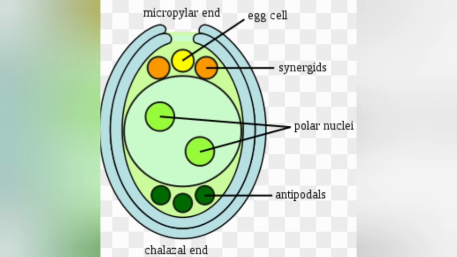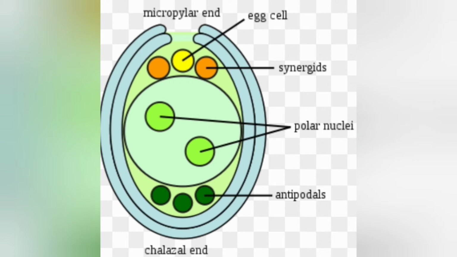Let us see in the diagram. The open end is the micropylar end. 3 megaspores degenerate and only one gets mature and divides mitotically to form 8 cells. Out of these 8 cells, 3 of them organize at the micropylar end, 3 of them at the opposite chalazal end, and 2 in between in the center.